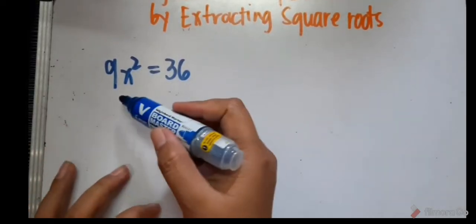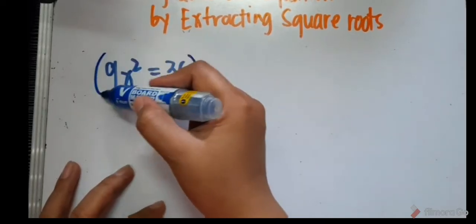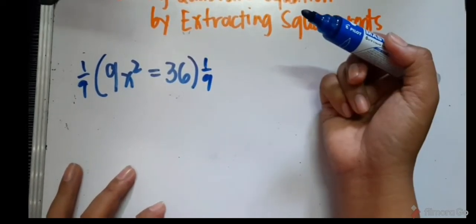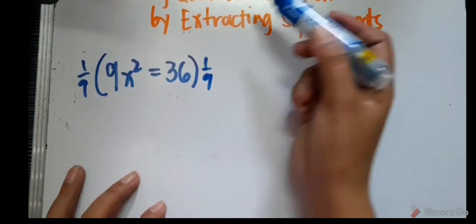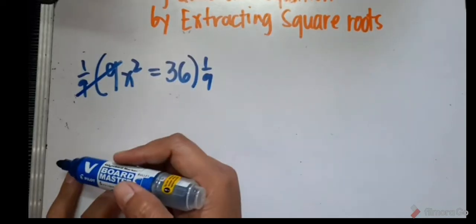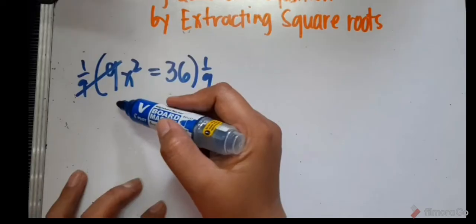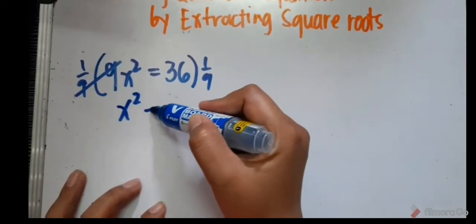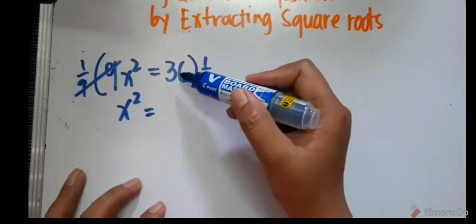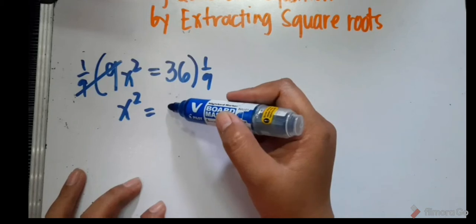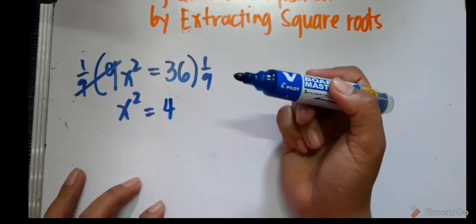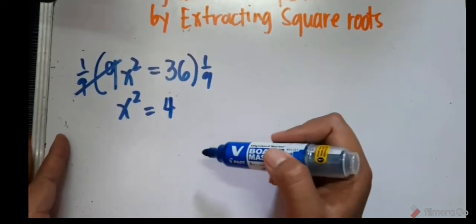First is to multiply both sides by 1/9, applying multiplication property of equality. 9 times 1/9 is equal to 1. So we have x squared is equal to 36 over 9, or 1/9 of 36 is equal to 36 divided by 9 is 4.